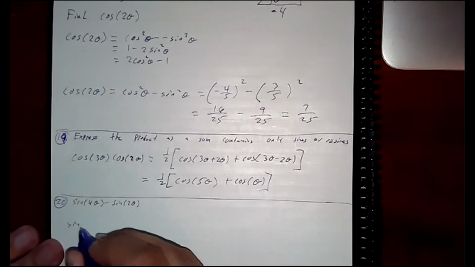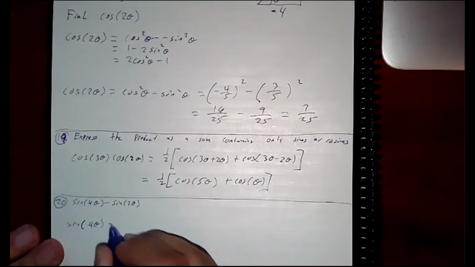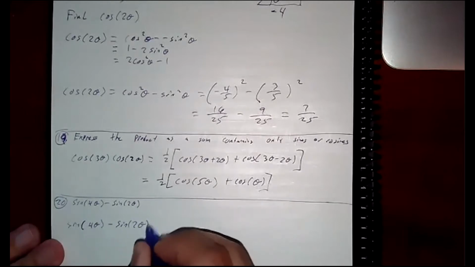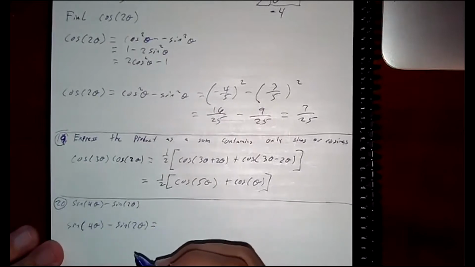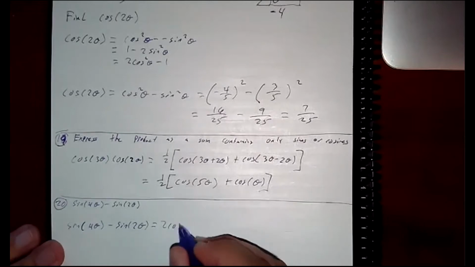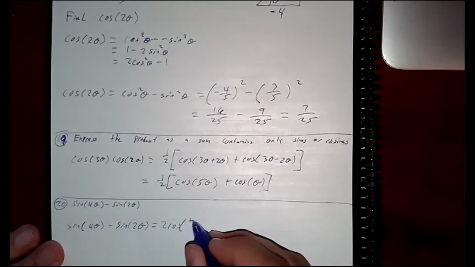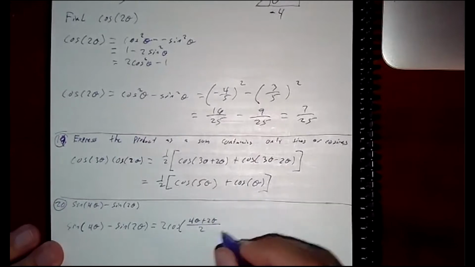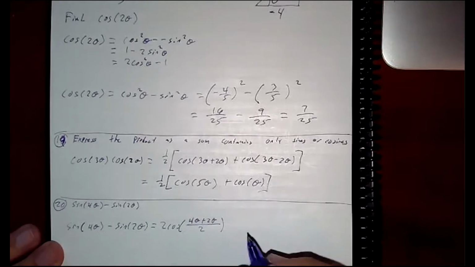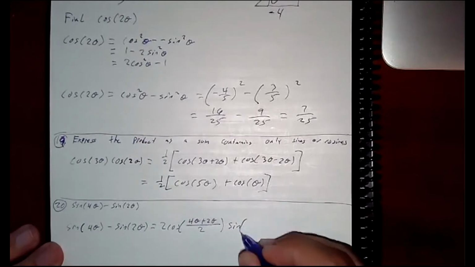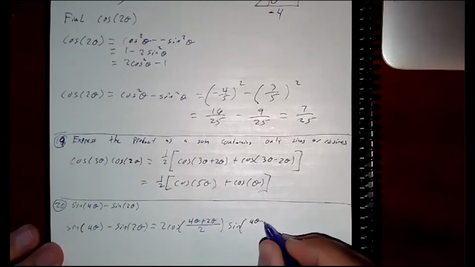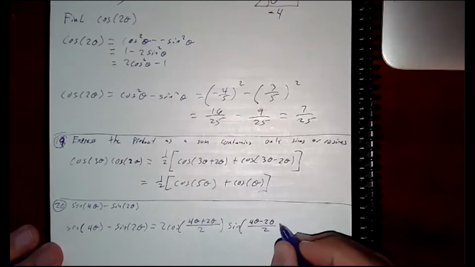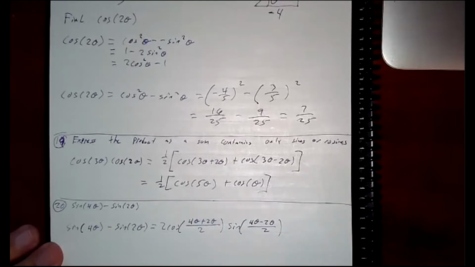So sine 4 theta minus sine 2 theta is equal to 2 cosine of (4 theta plus 2 theta) over 2, times sine of (4 theta minus 2 theta) over 2.